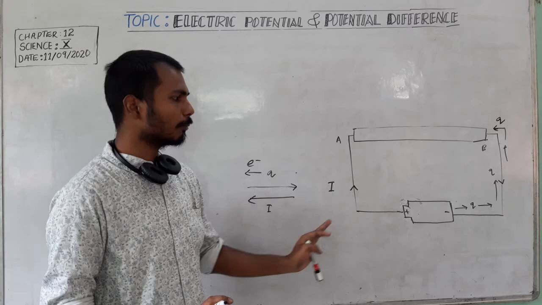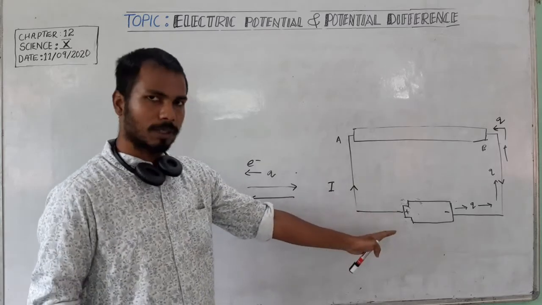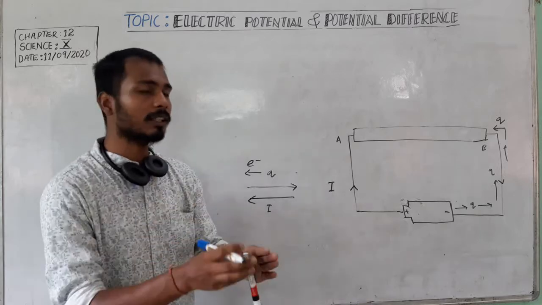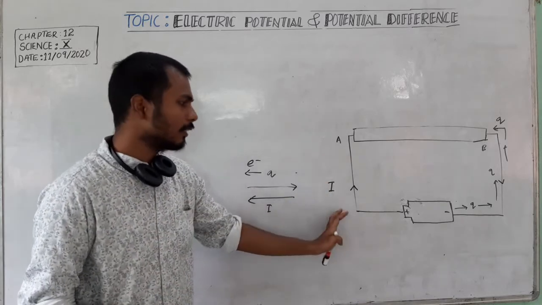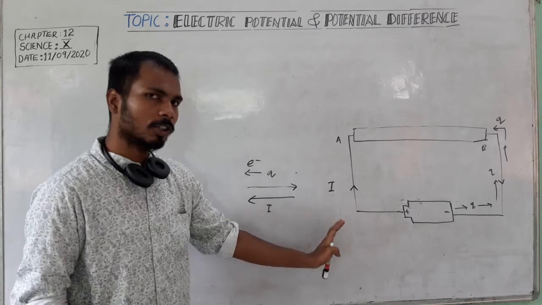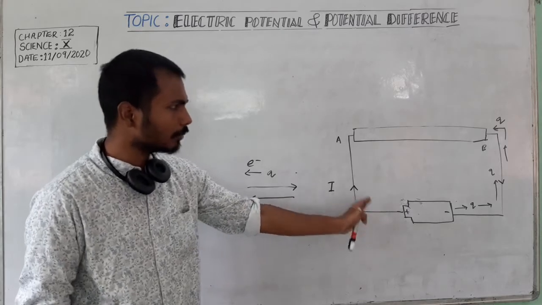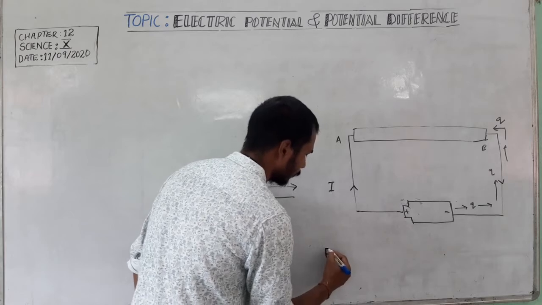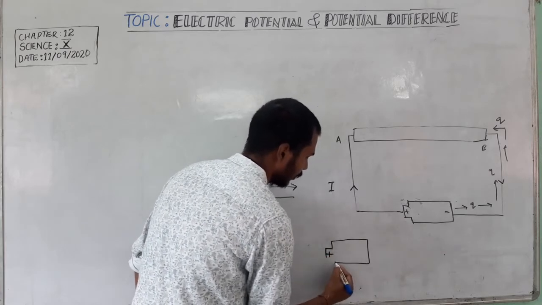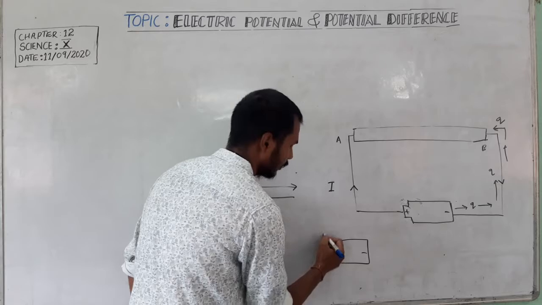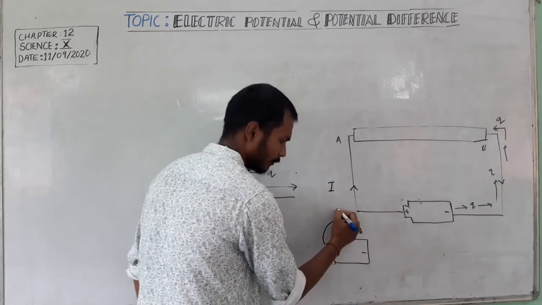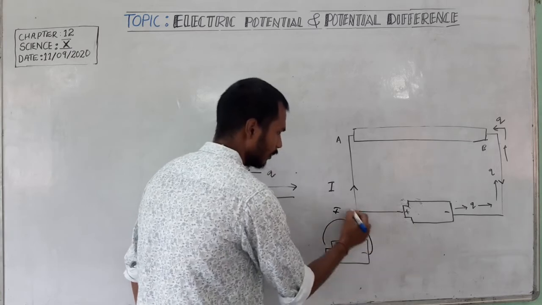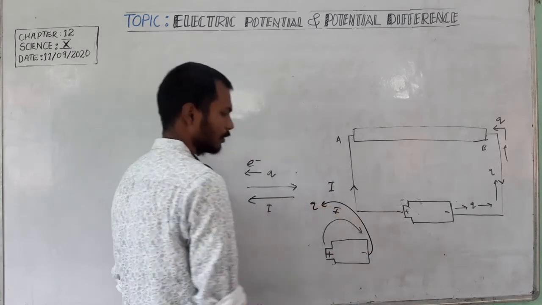Charge always flows from negative to positive, that is, electrons flow from the negative terminal of the battery to positive, and the direction of current is from the positive terminal of the battery to negative. Clear? This is the direction of current, and this is the direction of charge.